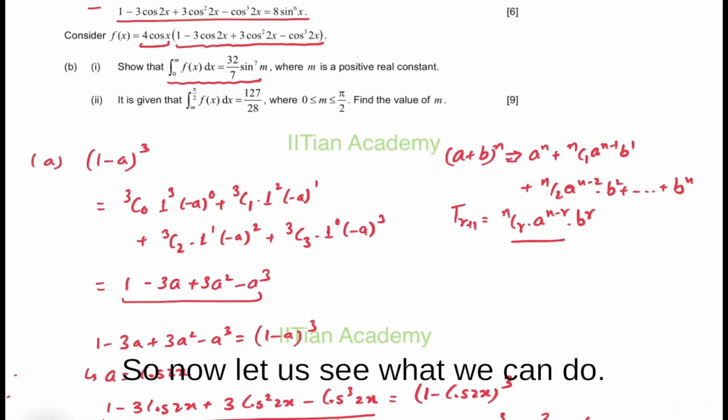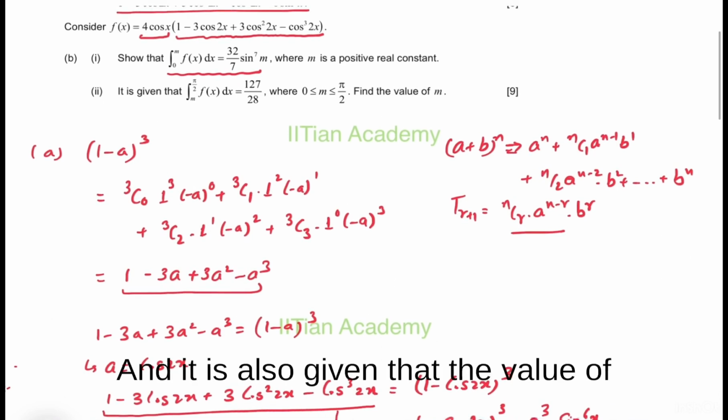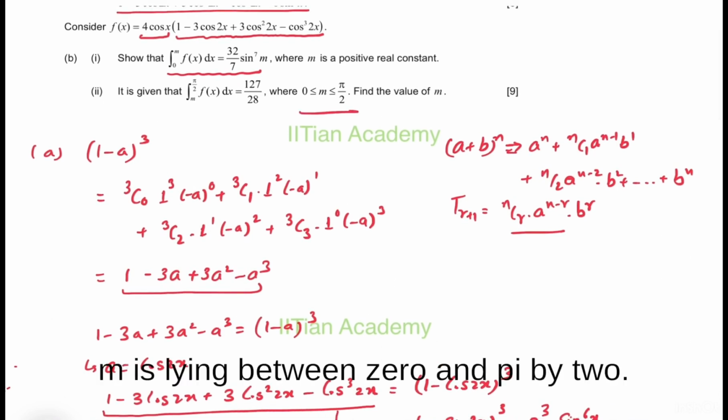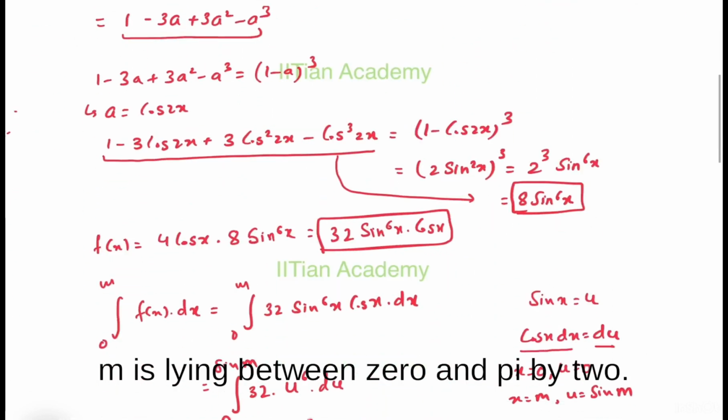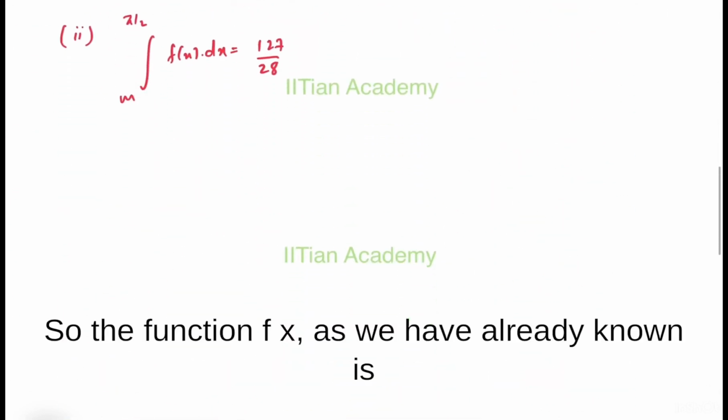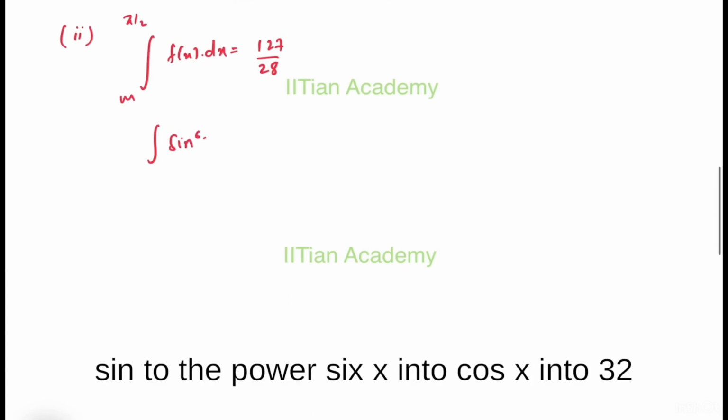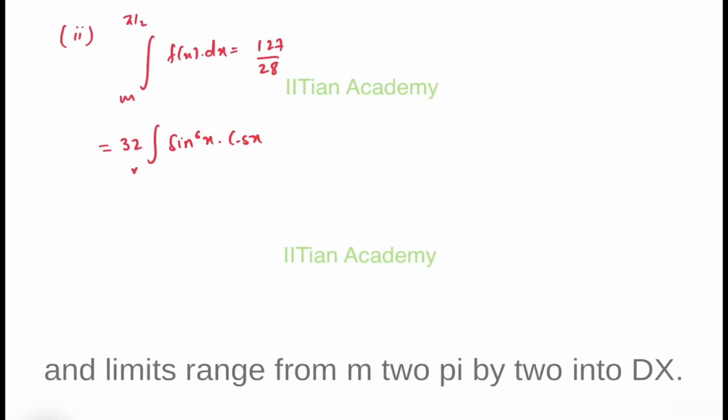It is also given that the value of m lies between 0 and pi by 2. So the function f(x), as we already know, is 32 sin^6 x cos x, with limits from m to pi by 2.